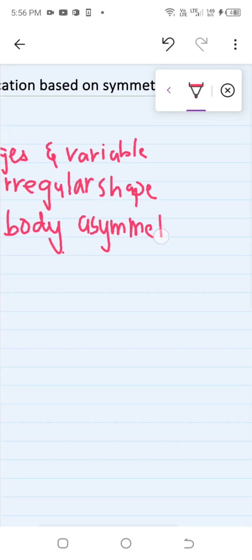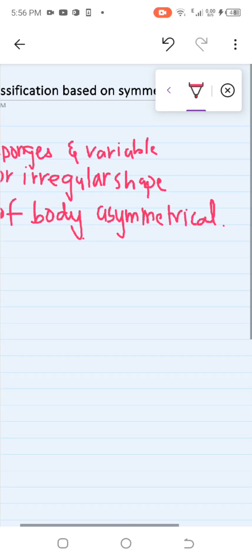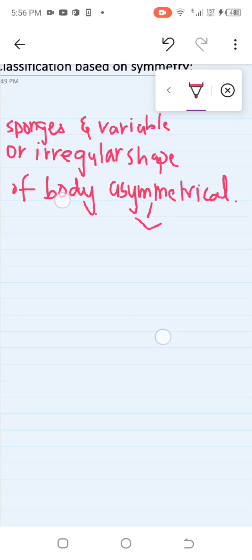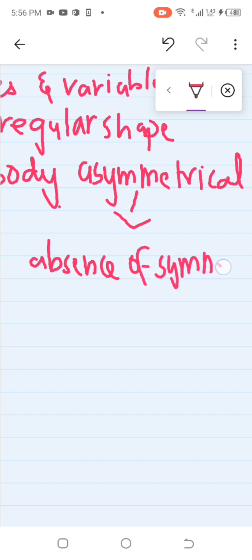Now, what are asymmetrical animals? Asymmetrical animals are those whose body shape is variable or irregular, which means it cannot be divided into two equal halves. So that is asymmetrical: absence of symmetry, no proper symmetry.